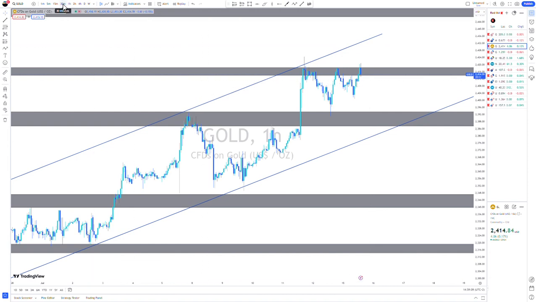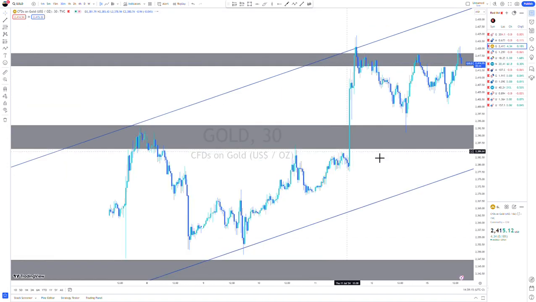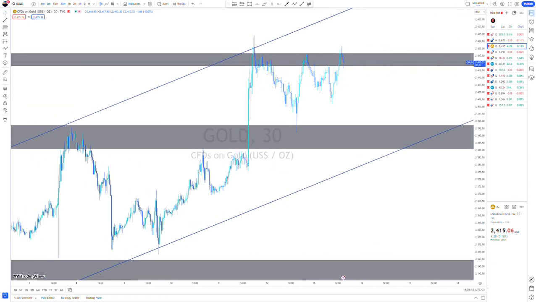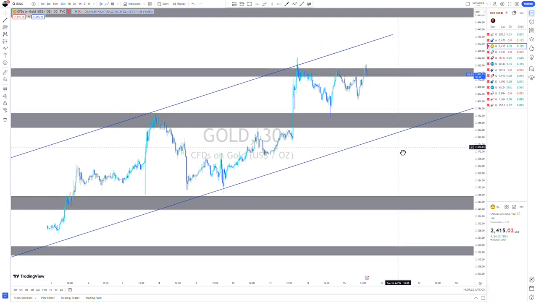So I'm just gonna go ahead and look at my 30 minutes and see what the market is currently telling me. And I can already tell that we are good for sells. The reason I'm saying that this is good for a sell is because I am currently looking at this level right here.